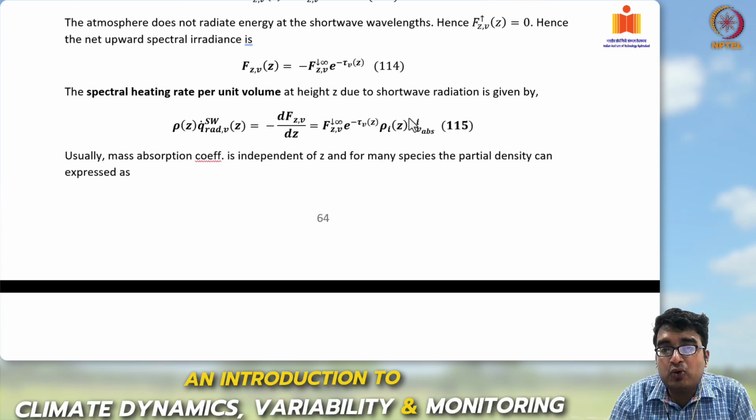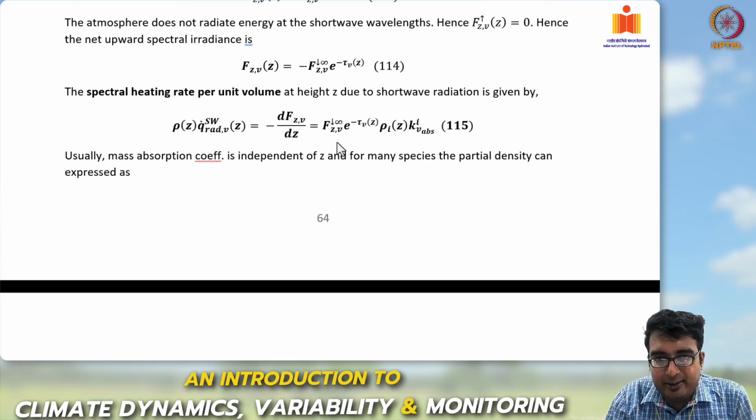Now, usually the mass absorption coefficient does not depend on the altitude z. It is a function of the molecular nature of that species only. So this term can come out of the z dependent term.